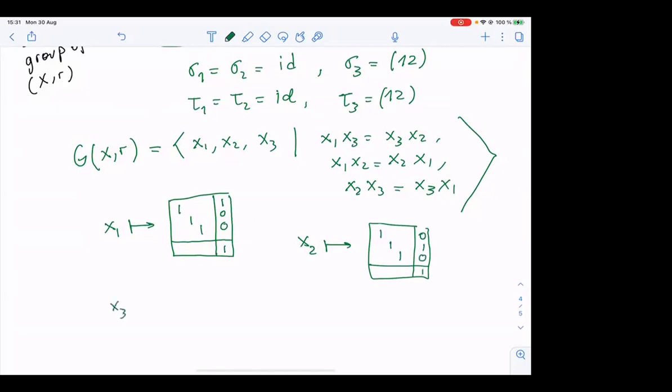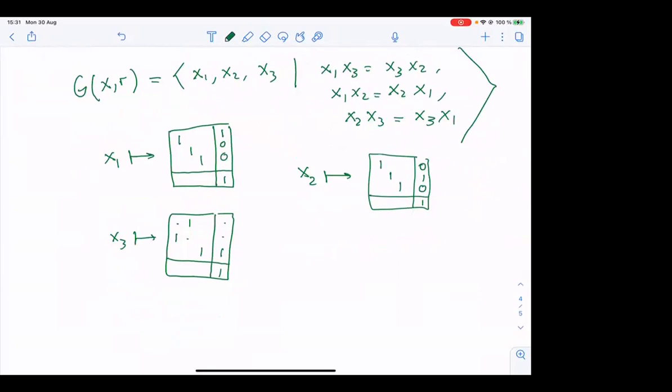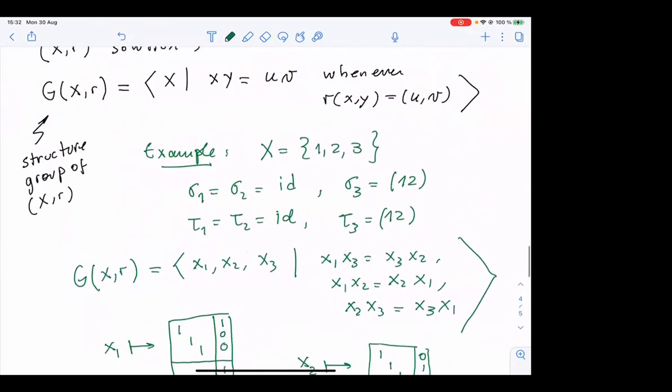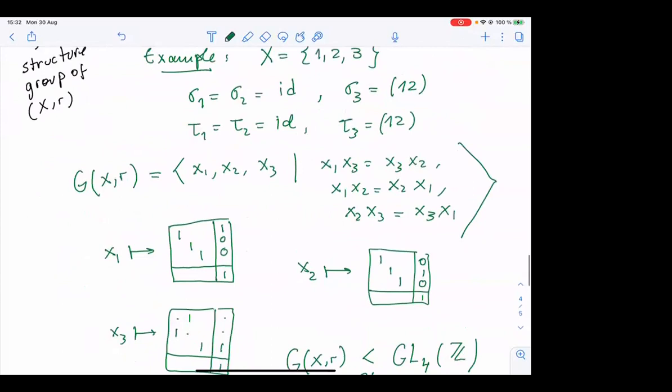And X3 is going to be this matrix here. Now you don't put the identity, of course. And then with this, you have that your structure group is isomorphic to a linear group, like this. Okay, so here you have a concrete example of this structure group.